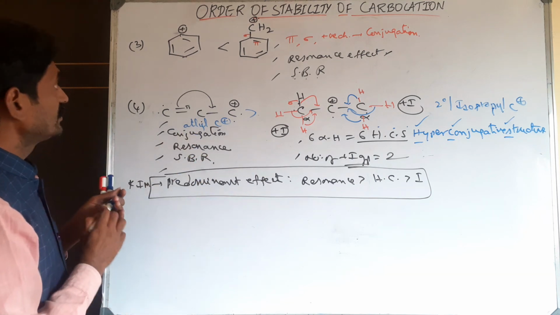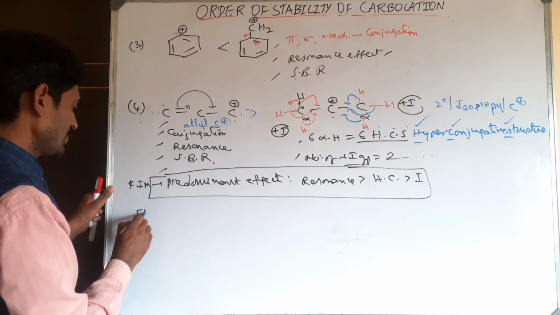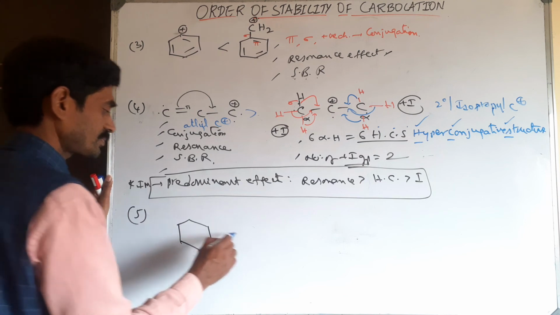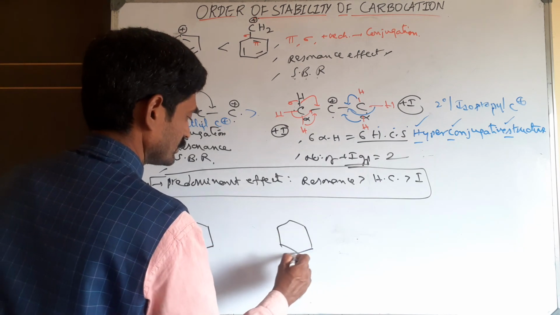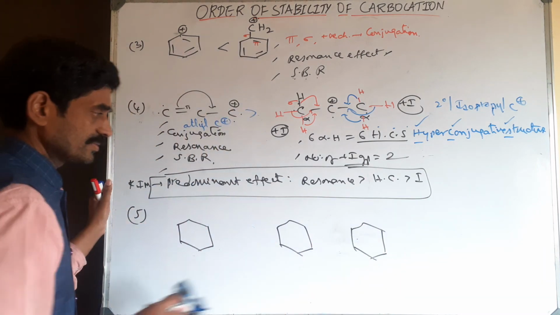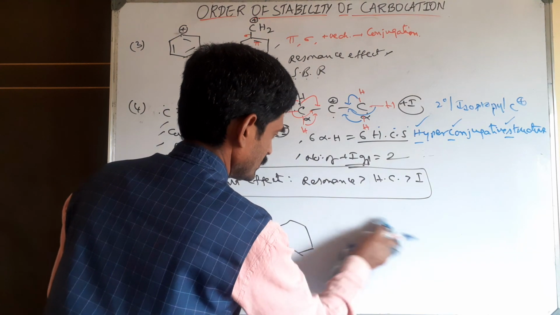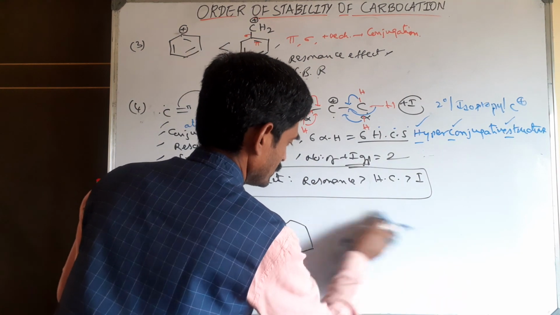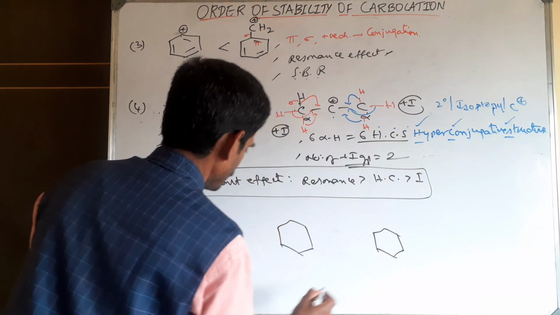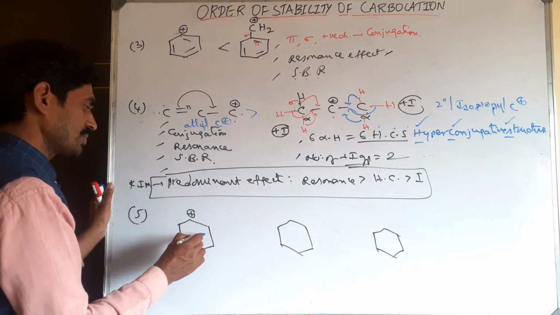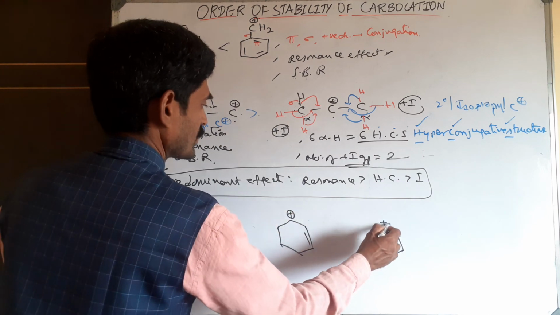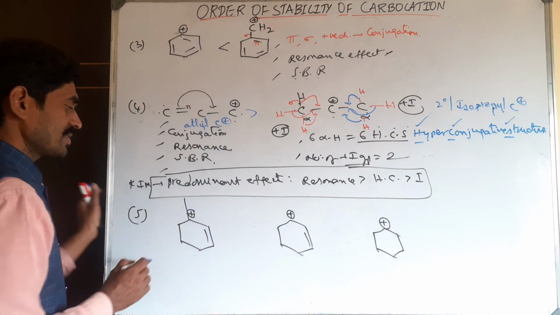Next one is another example. Look here, the molecule is like this. Here there is a positive charge and pi electrons, and here positive charge and pi electrons, and here one alkyl group is also there, right?